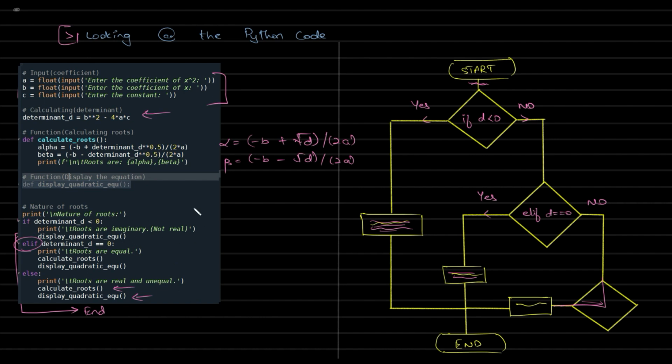And whichever condition is satisfied, we might end up calculating alpha and beta, and that's what the program is also doing. Is it not? So coding is not way different than how we think. Coding is also a way of teaching the computer what we do, in a systematic manner.